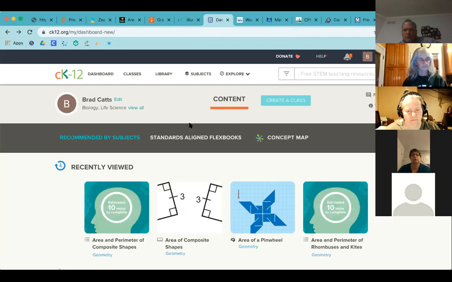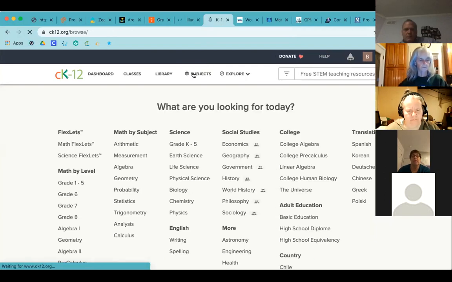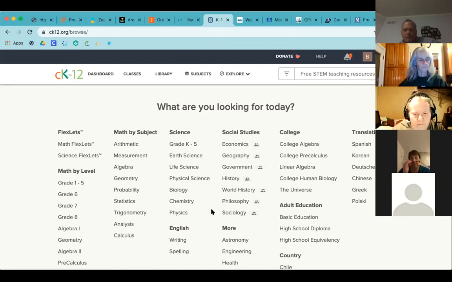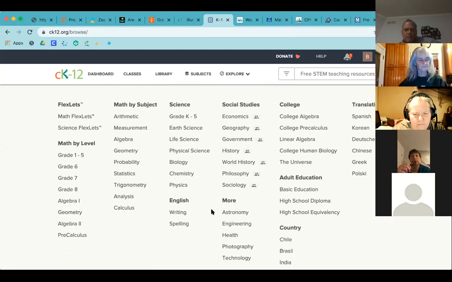CK12.org is an open source curriculum. And here again, all you have to do is sign up. These are all the courses that are actually available, so it's obviously much more than math. It breaks it down by grade level, and then it also breaks it down by subject.